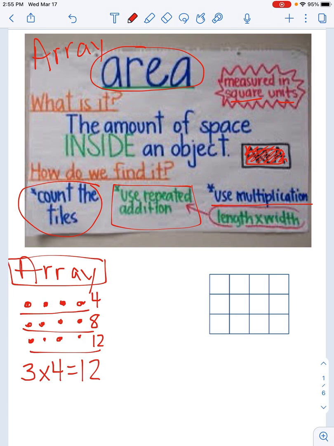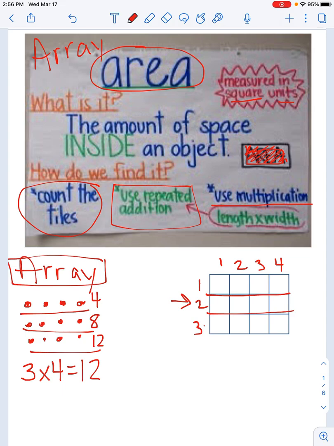Last week when we talked about area, we used a grid like the one on the right. Again, you will see that there are 3 groups, and there are 4 in each group. If I made these dots instead of squares, it would look just like the array I just drew.